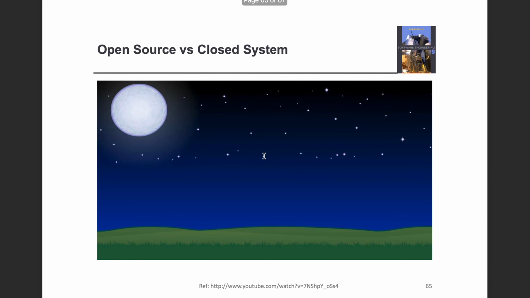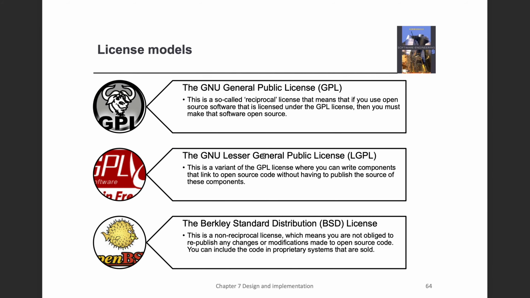Here we look at the three types of open source license models that you need to be aware of before using any open source project. Anytime they provide any open source project, they give you the licenses that come with it. So we have the GNU General Public License, mostly GPL. This is a so-called reciprocal license.